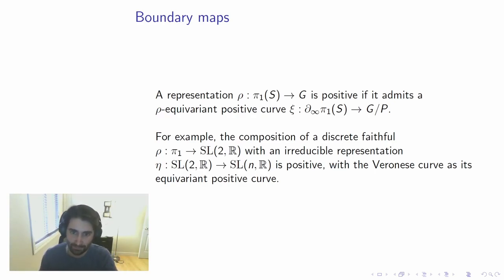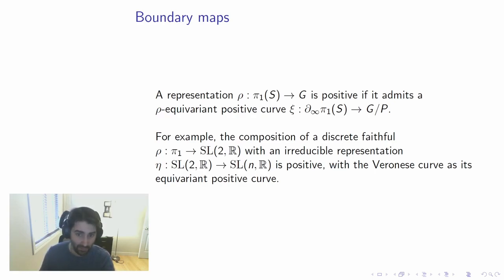So for example, if you take a discrete and faithful representation into SL2R and you compose it with the irreducible representation of SL2 into SLN, then you always get a positive representation. And the curve which is positive, really the model curve for all positive curves, is the Veronese curve.